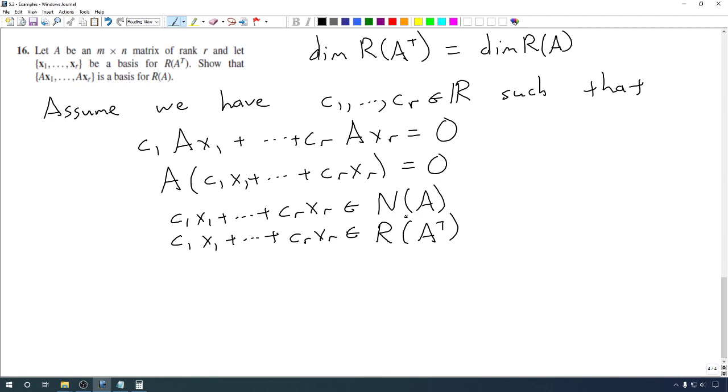But remember, the null space and the row space are orthogonal complements of each other. And by one of the remarks on page 218, if we have two subspaces that are orthogonal to each other, their intersection can only have the 0 vector in it. Well, this vector is in the intersection because it's in both of them. That means this vector has to be the 0 vector. There's no other choice.